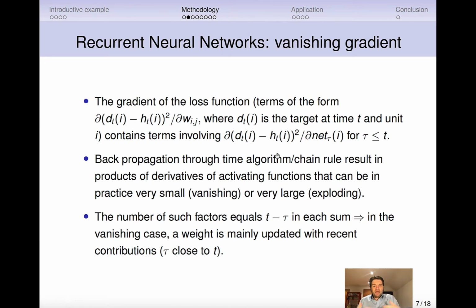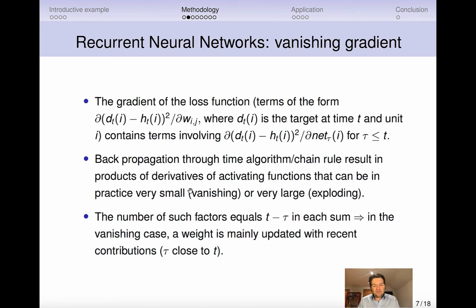But the problem in this backpropagation formula, which is roughly a chain rule in mathematics, is that when you do this operation, it results in products of derivatives of activation functions that can be in practice very small or very large. You have an activation function, and the slope of this activation function can be very close to 0, or very very large, for a curve with a very large slope.